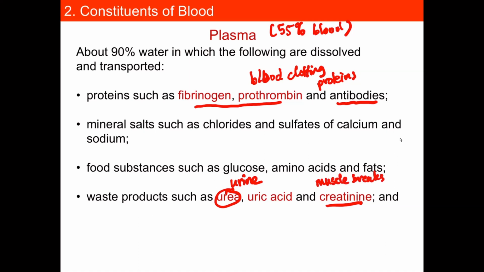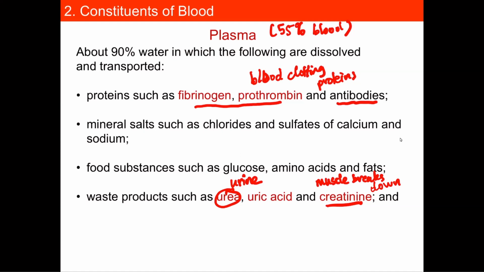When your muscle breaks down from whatever process, whether through exercise or old age, it produces this protein called creatinine. This creatinine is also being removed via your kidneys.